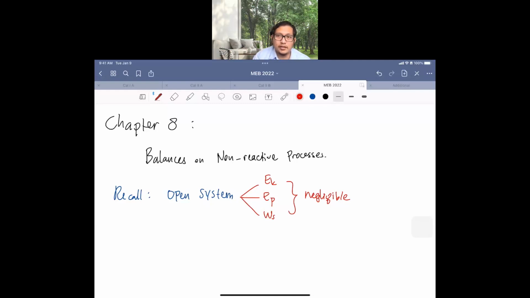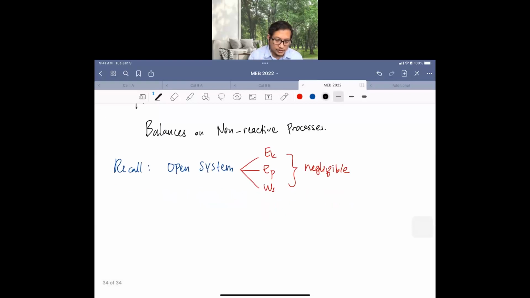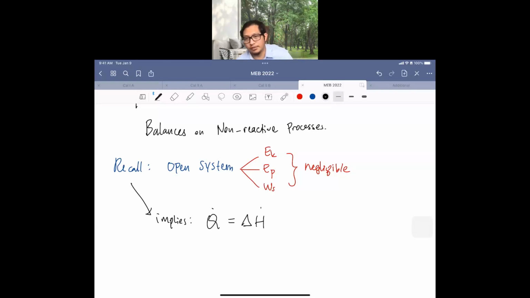Then we could say that their energy is really insignificant compared with the heat flow or the enthalpy of the overall system. So in the open system, we can say that they are negligible. So this implies that our heat flow is just the change of our enthalpy. Okay, I hope this is very clear for open system.